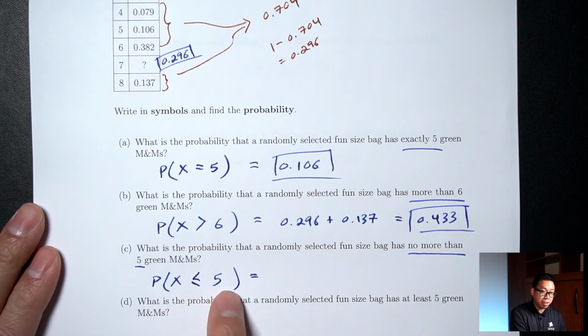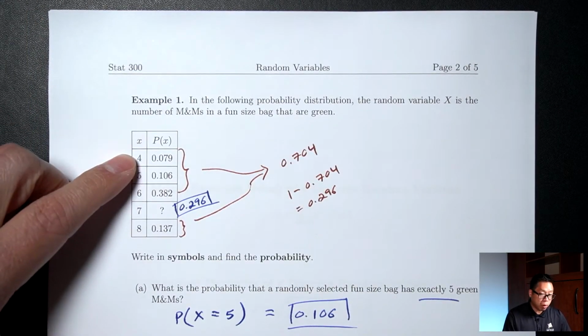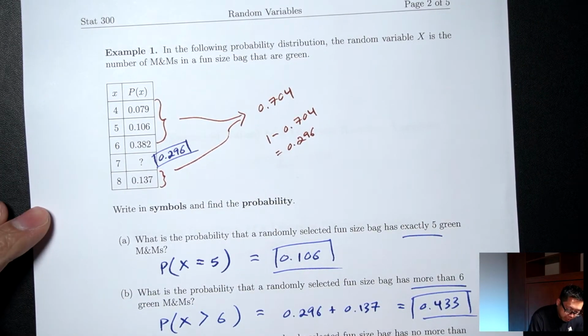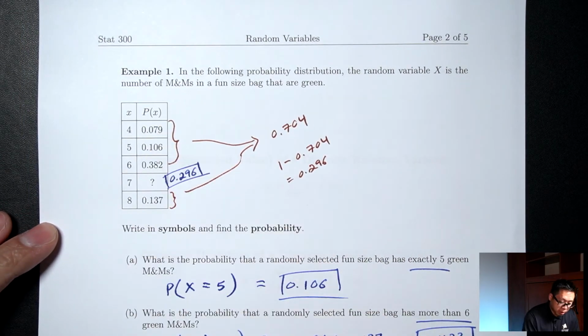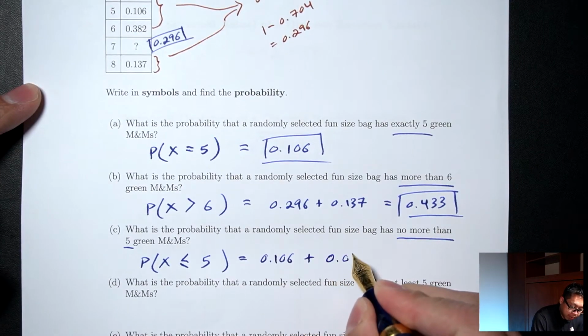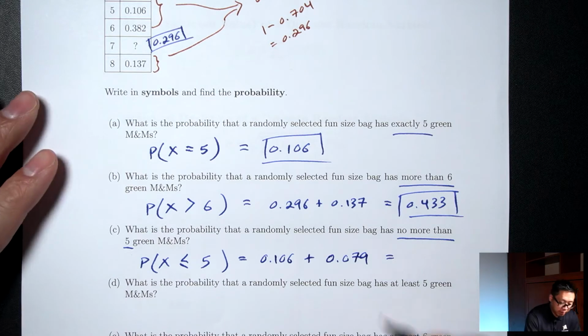So less than or equal means include the 5. So this is 5 or less. So this would be the 5 and a 4. So 0.106, that's the probability for 5, plus 0.079, that's the probability for the 4. Okay, so together that's going to be 0.106 plus 0.079, 0.185.